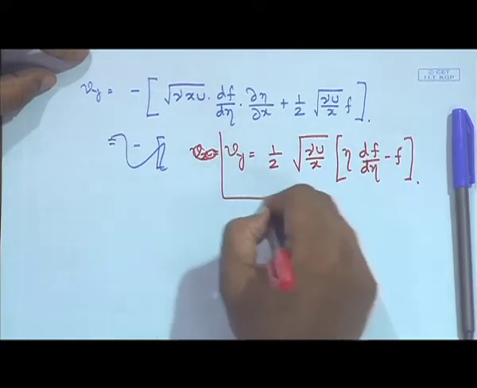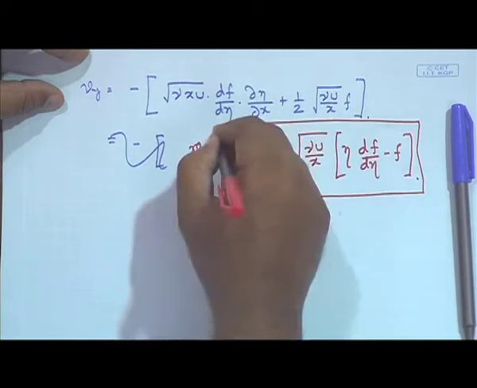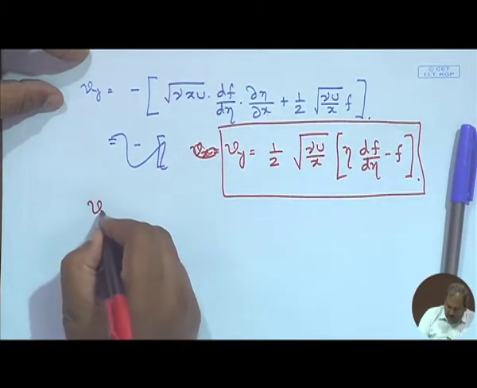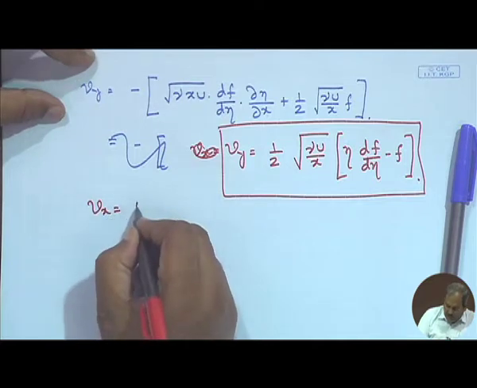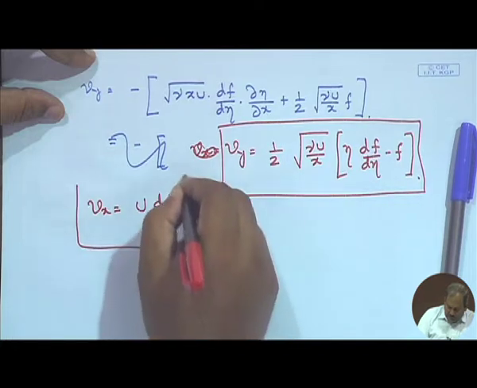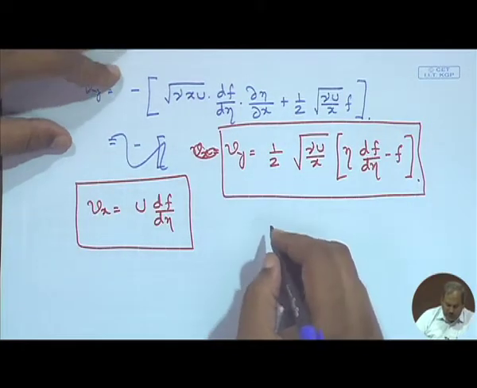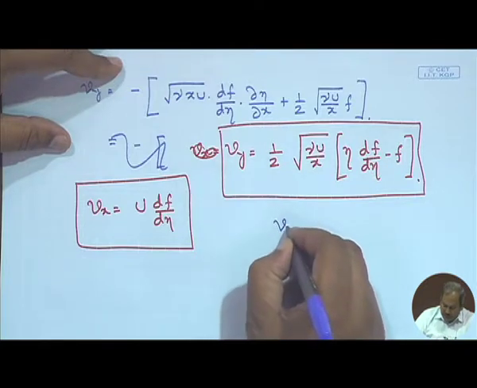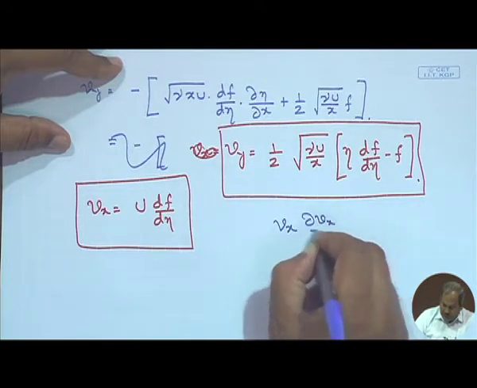So this is the expression for Vy, and from the previous slide we have seen Vx is equal to u times df d eta. The governing equation, as we have seen before, is del Vx del x.